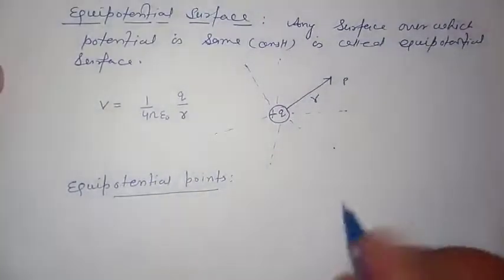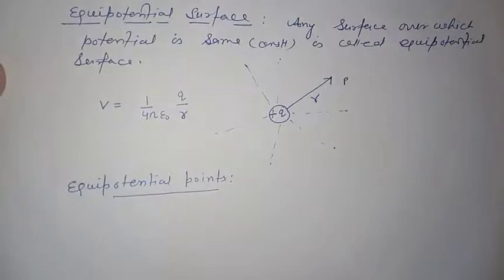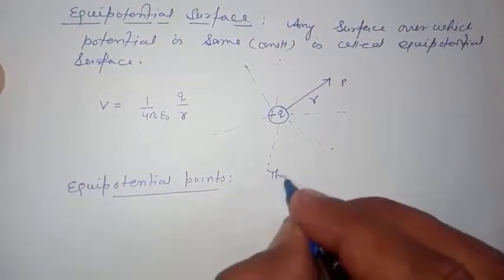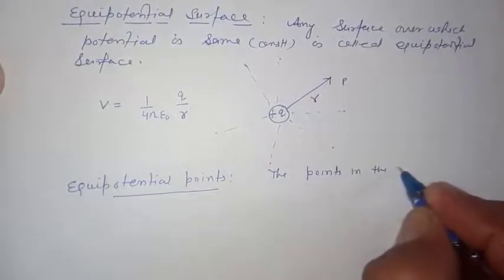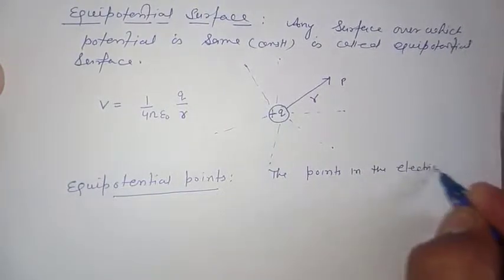So what are equipotential points? How can we define them?